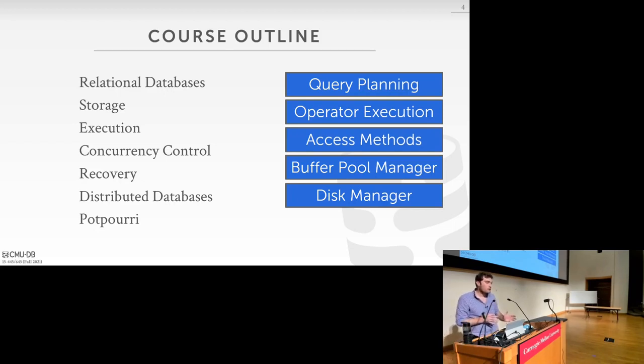The other way that you can think about it is this software stack diagram that's shown on the other side of the slide, where the base layer is the disk manager, and we build additional layers on top of it. Each one of these blue boxes corresponds roughly to a self-contained part of the system.